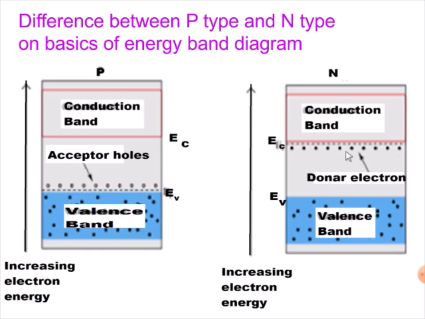So conduction will be much easier in n-type semiconductors when we compare to p-type semiconductors. And when we compare pure intrinsic semiconductors with impure extrinsic semiconductors, your extrinsic semiconductor will have more conductivity than the pure intrinsic semiconductor.